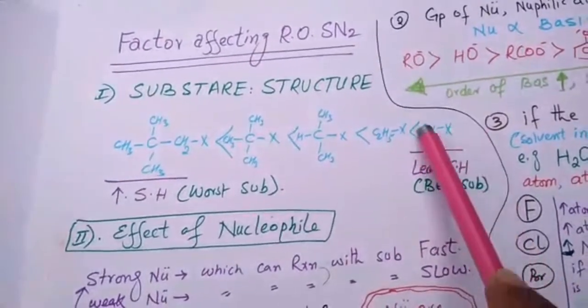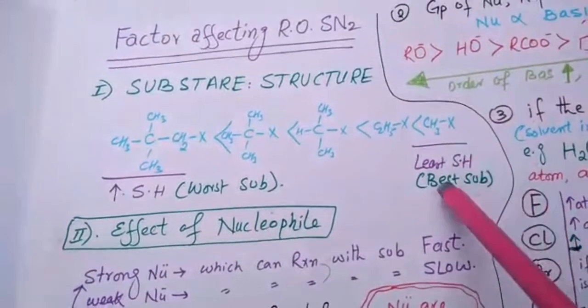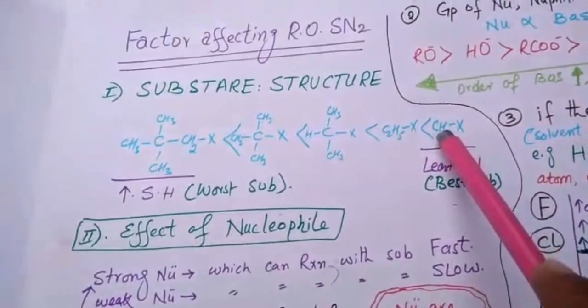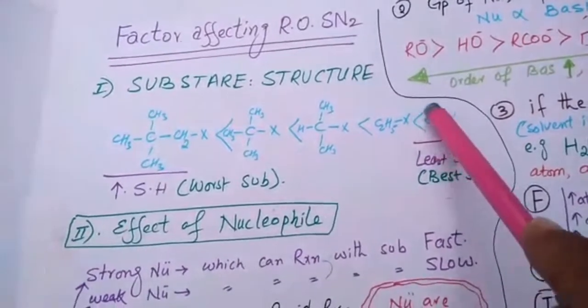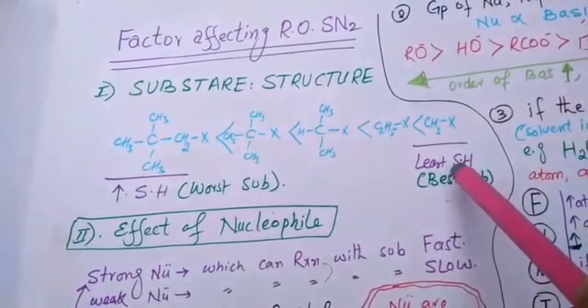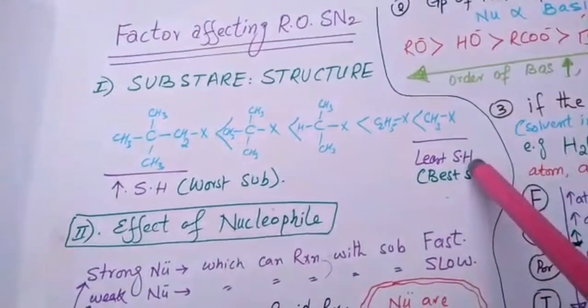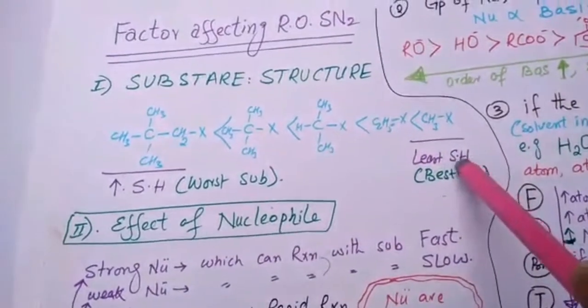This primary alkyl halide is the best substrate for SN2 reaction because in this substrate the attack of the nucleophile faces no steric hindrance.